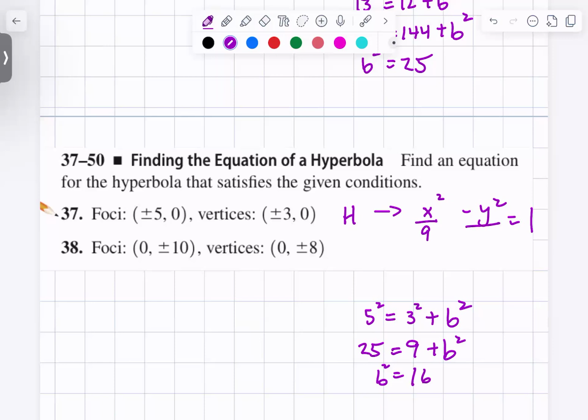And that's your number here. Okay. Notice that my foci and my vertex is 0, comma, a number. So this is going to be y squared minus x squared equals 1. Yeah. And you guys can do the same thing. All right.